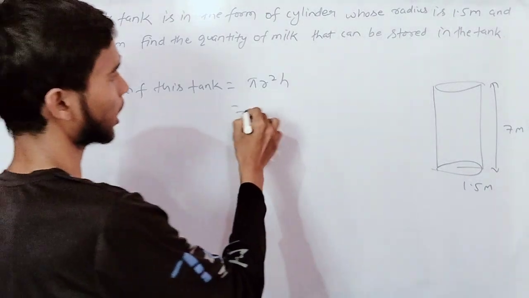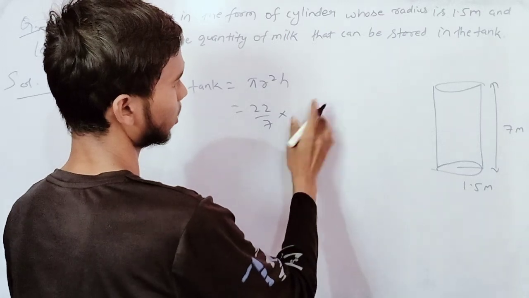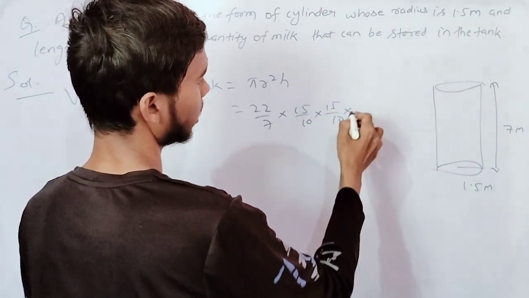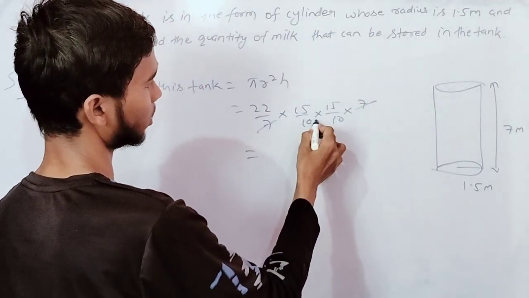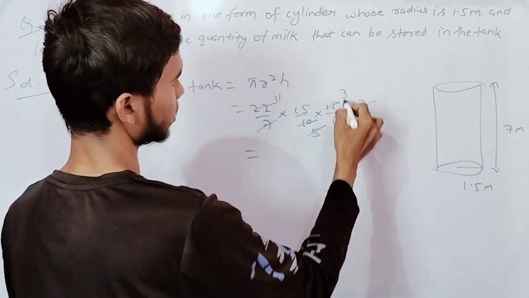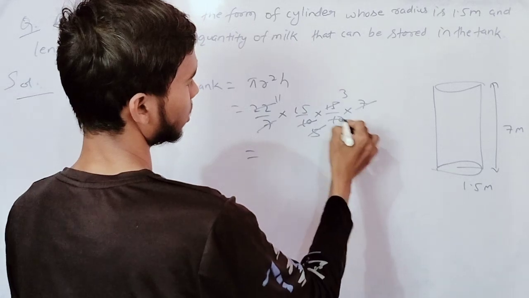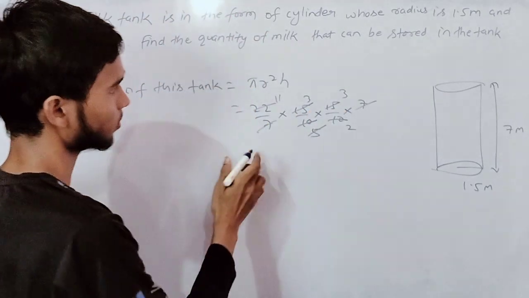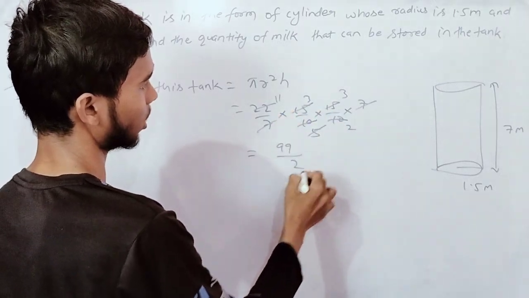Here pi is 22 upon 7, r is 1.5, multiplied by 1.5, h is 7, 7 will cut, and here 11. 3 5s are 15, 3 3s are 9, 99 upon 2.